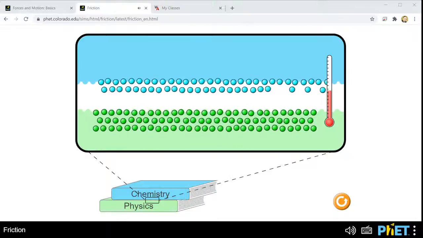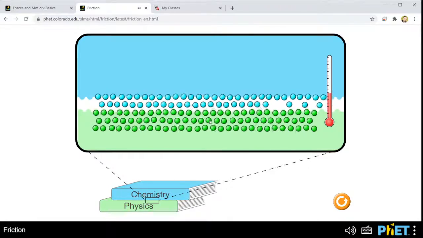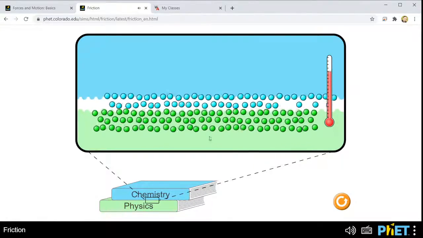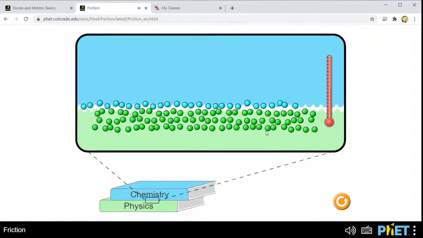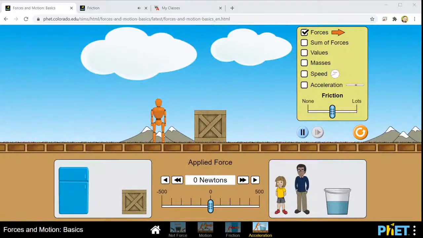And you see that the thermal energy of the molecules increases because of this motion. I've worn away the chemistry book. So friction is due to this contact between molecules and surfaces in contact.